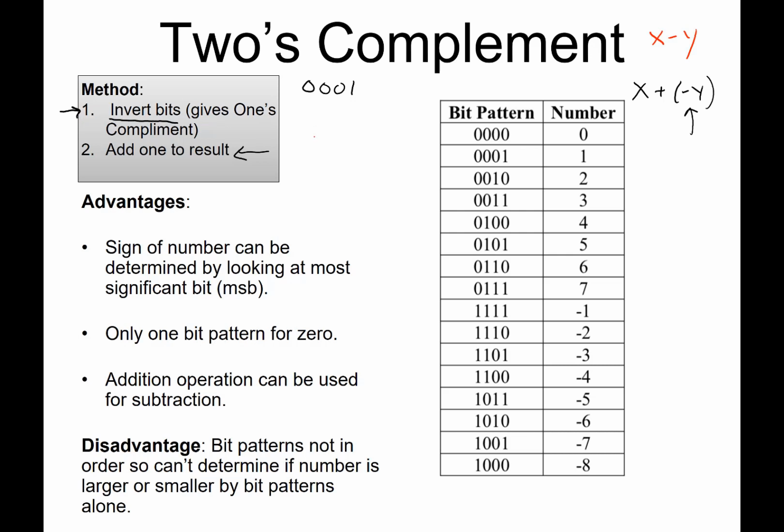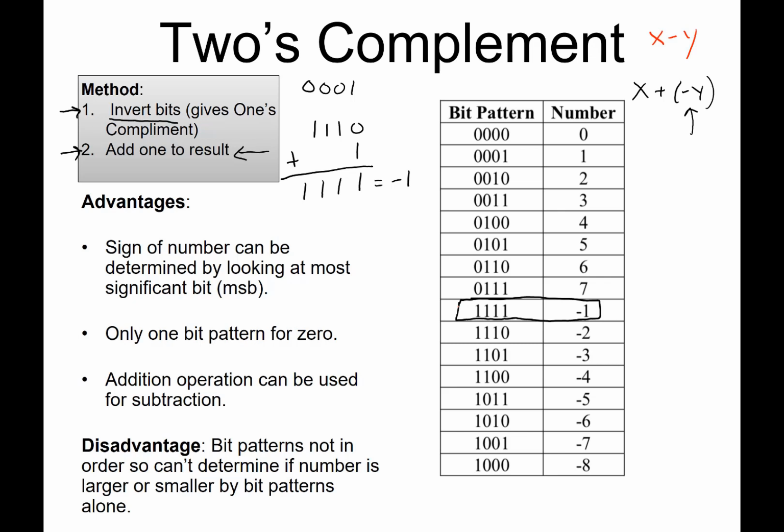So we're going to have 1110. Now what we want to do is add 1 to this result. So this is 1, 1, 1, 1. So this is equal to -1. And you can see on this chart, -1 is right here. So -1 is equal to 1, 1, 1, 1.